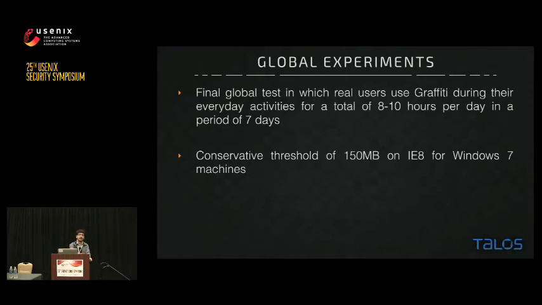Specifically, we configured our system to monitor the browser these users were using, Internet Explorer 8, on their operating system, Windows 7. We set up a really conservative threshold of 150 megabytes, and for the Attack Detector, we activated all the 3 plugins that I explained before.